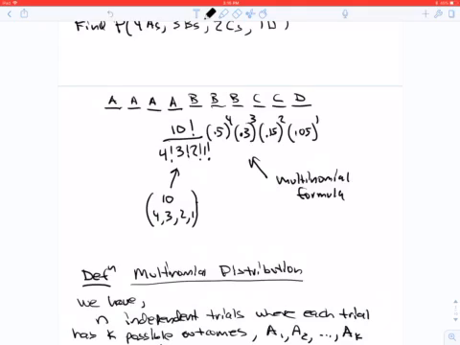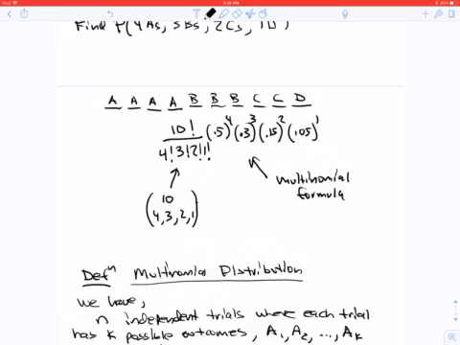We have 10 students, and I'm going to assume that A's are followed by B's, followed by C's, followed by D's. The probability of that happening is 0.5 to the fourth power times 0.3 cubed times 0.15 squared times 0.05 to the 1, because we have the multiplication rule and we have independence because we're drawing with replacement.